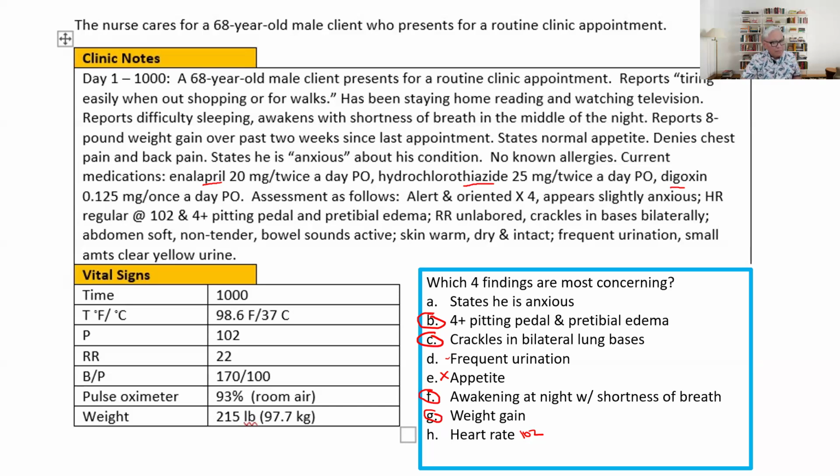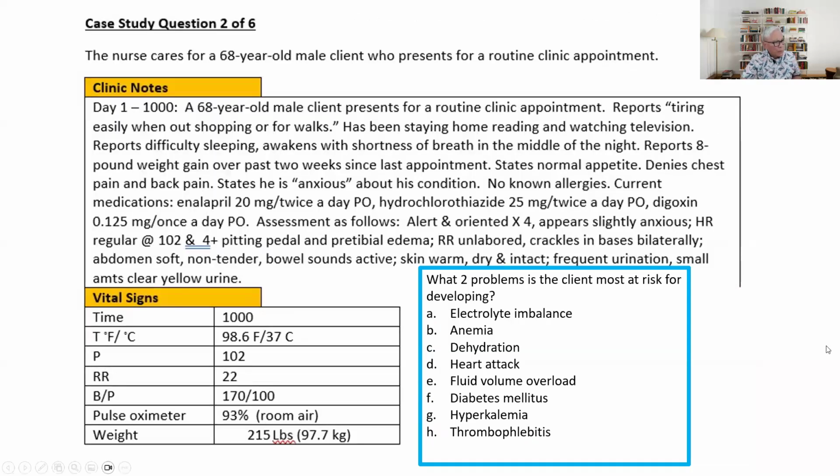It's the same note at 10 o'clock. And now the question is asking which two problems is the client most at risk for developing? Take a look again over here.